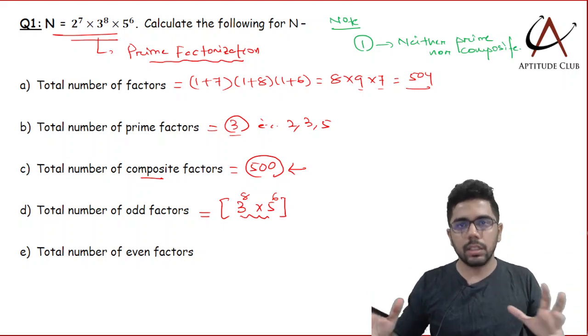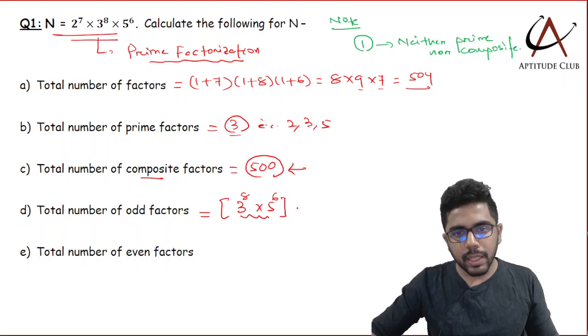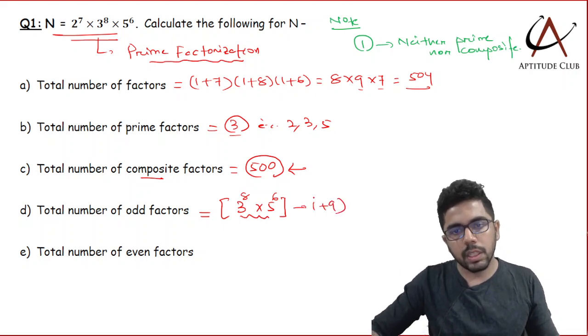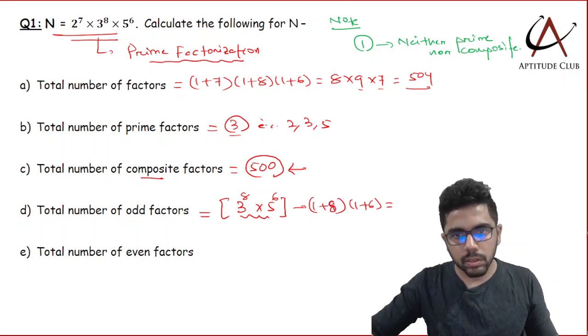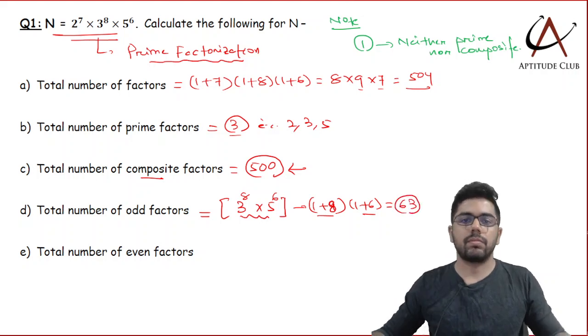You cannot take any other thing. 3 to the power 8 में यहाँ पे आ जाएगा 1 + 8 into 1 + 6, 9 into 7.